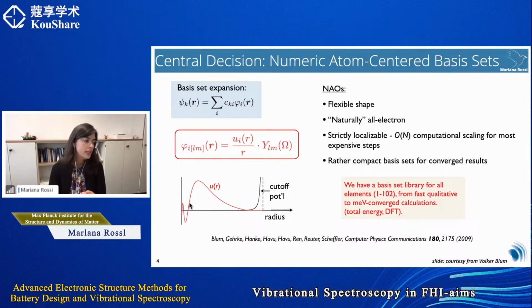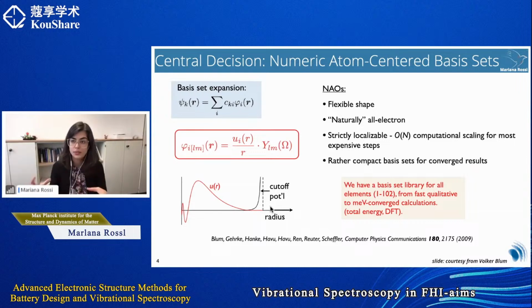Also, because these functions decay to zero after some distance from the nuclei they are related to, we can apply a cutoff potential that makes them strictly zero after that cutoff, and that makes the whole framework strictly localizable.